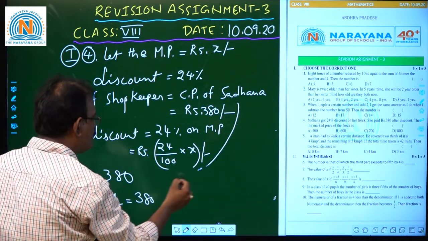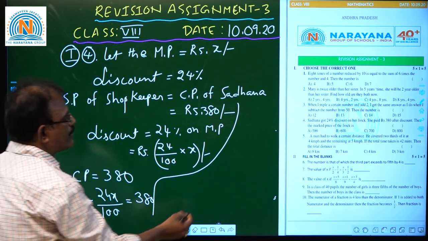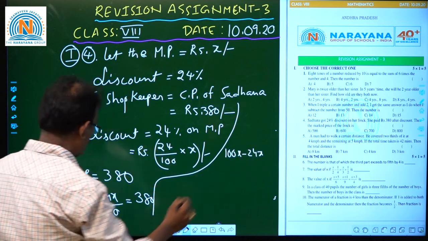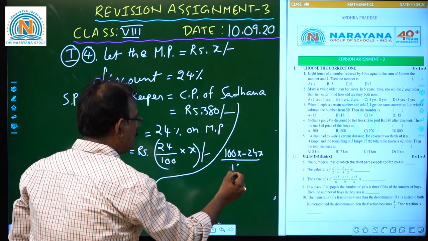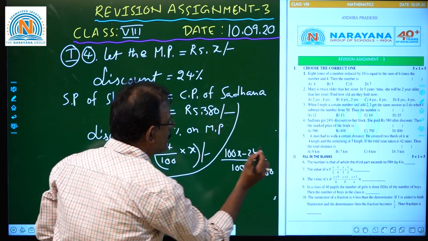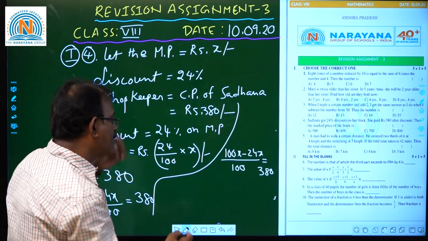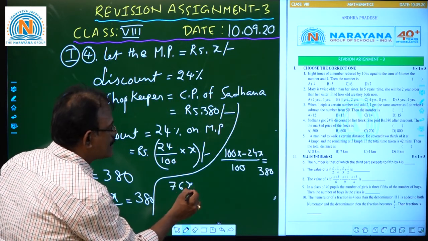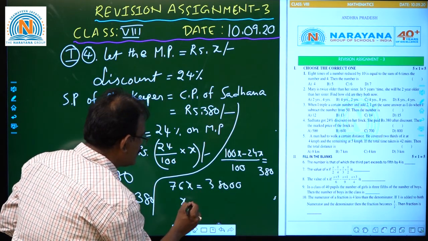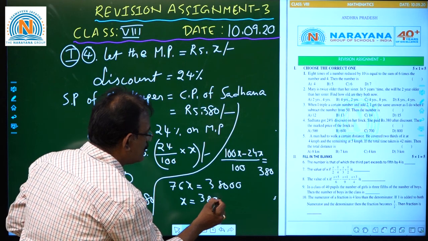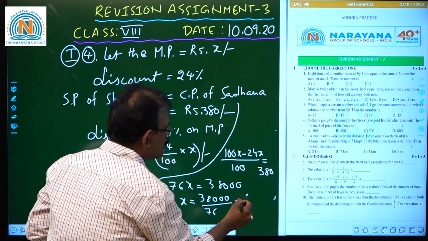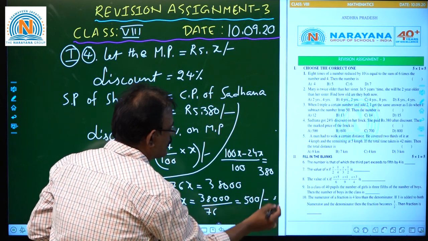If you simplify, this is x minus 24x by 100 is equal to 380 rupees. So 100 minus 24, how much? 76. So 76x is equal to 38000. So x is equal to 38000 by 76, which gives 500.